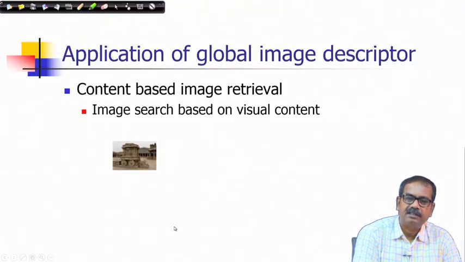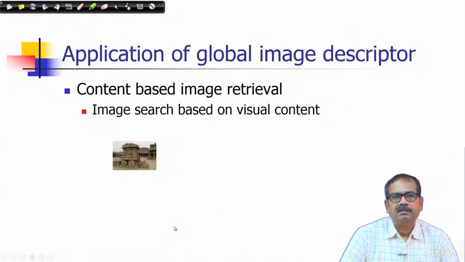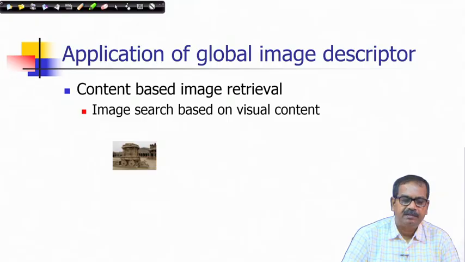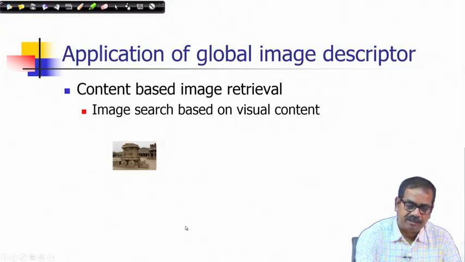And one such example of these operations can be shown here. Suppose this is a query image and you have a library of images, and as I mentioned, all the descriptors of those images in that library are stored in your database, and then your objective would be to match the descriptor of the query image to those descriptors of images in your database.